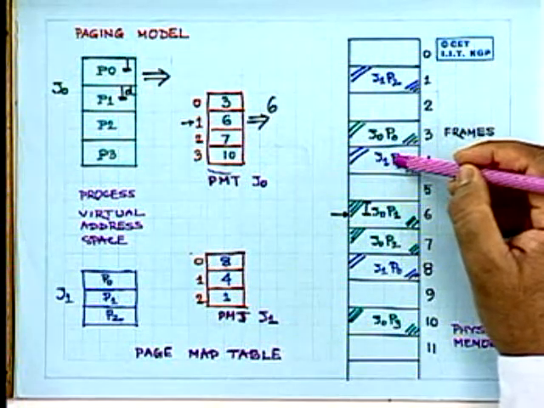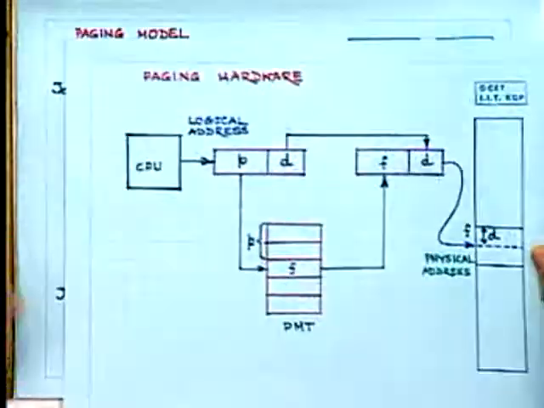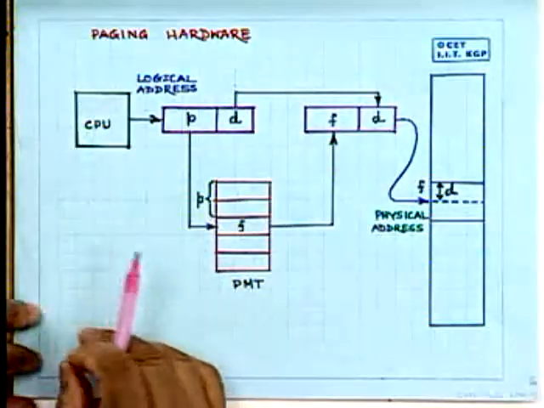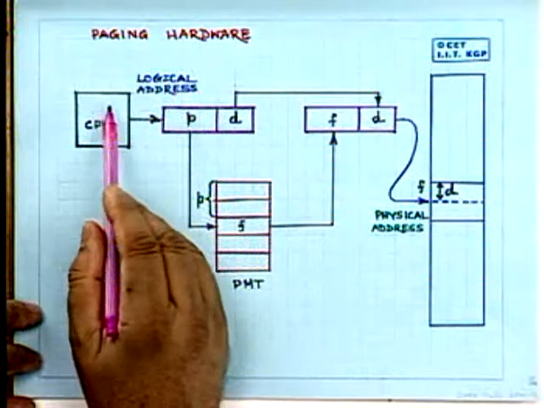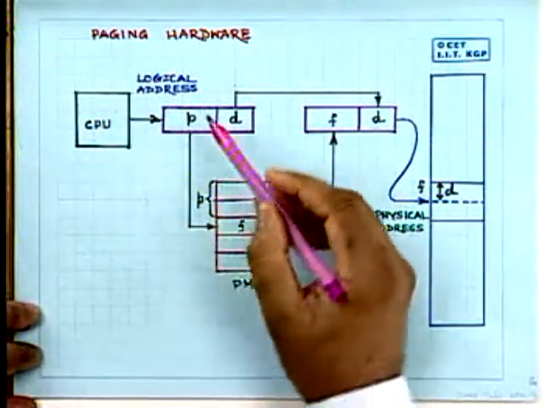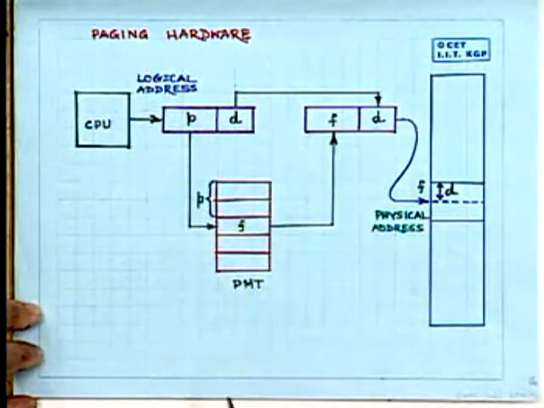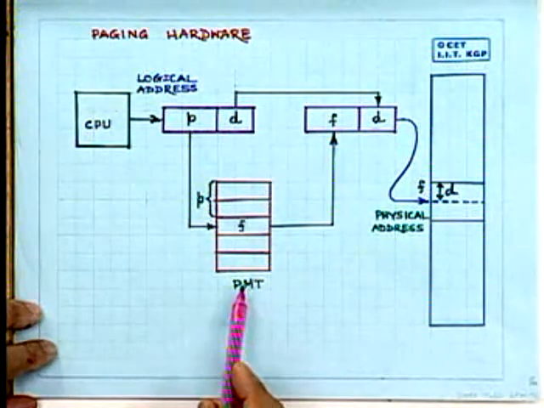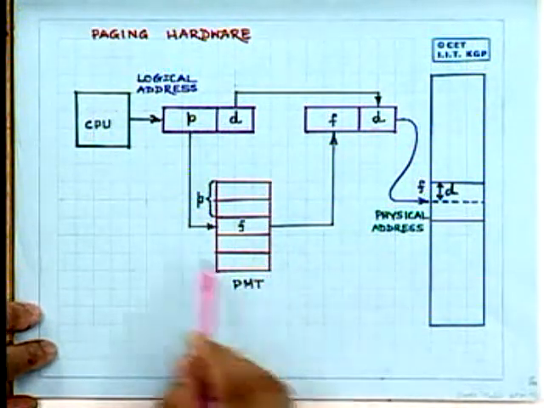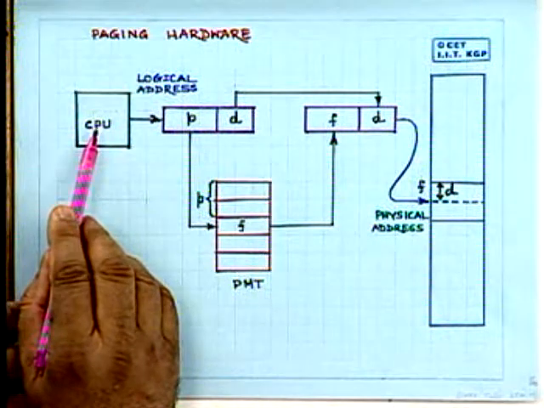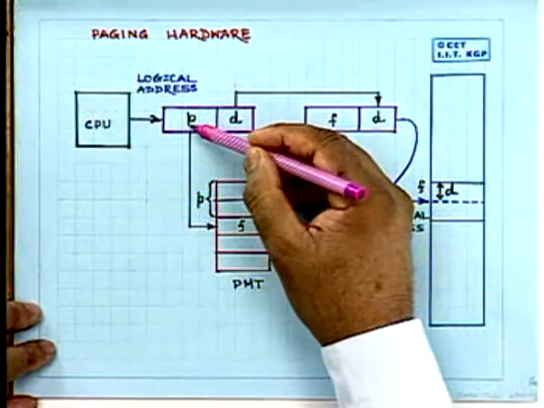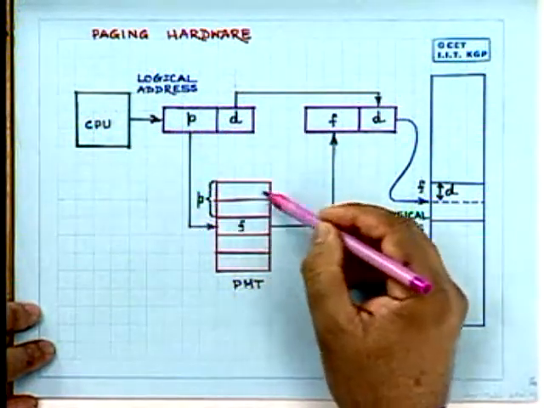Let me come to our paging hardware once more. Let us see the central processing unit once more, and the logical address generated, and the page map table for a particular process being executed by the CPU. The page number comes as an index to the page map table.